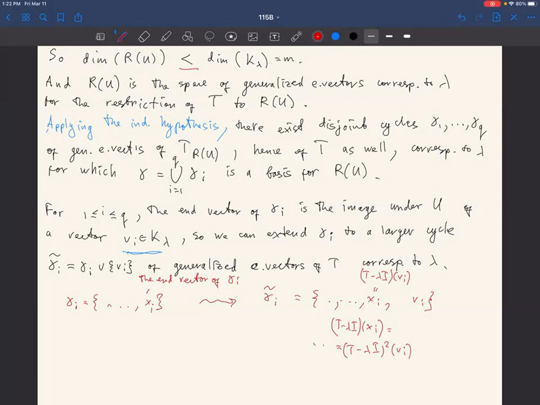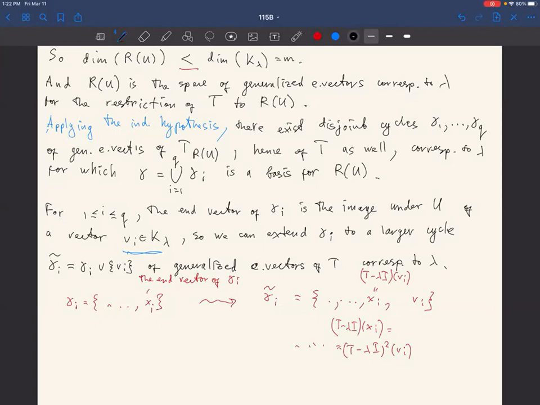And I can continue like this for each vector in the cycle gamma I. So the conclusion is that gamma I tilde is also a cycle of generalized eigenvectors with the new end vector vi now, and its length is one longer, so it has length plus one compared to the length of gamma I.